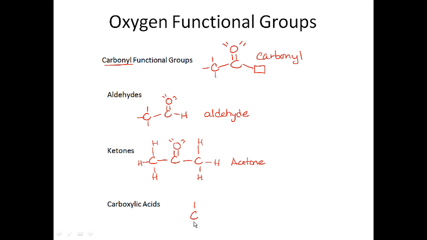Carboxylic acids: if we take one side of the carbonyl group and add a carbon to it, and then put an OH group on the other side, that gives us a carboxylic acid.